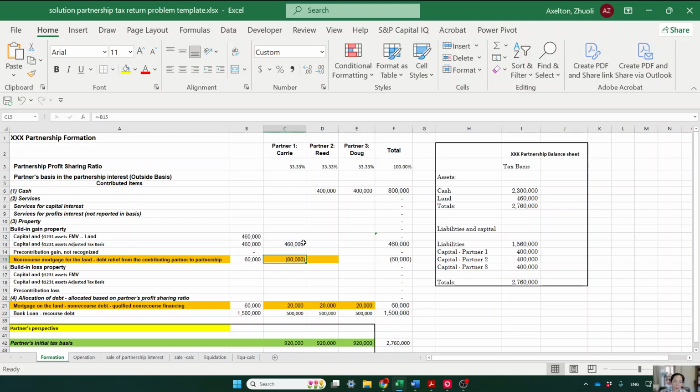Therefore, this will be considered as a debt relief from Carrie's perspective. So $60,000 will be used to reduce the outside basis of Carrie's partnership interest.